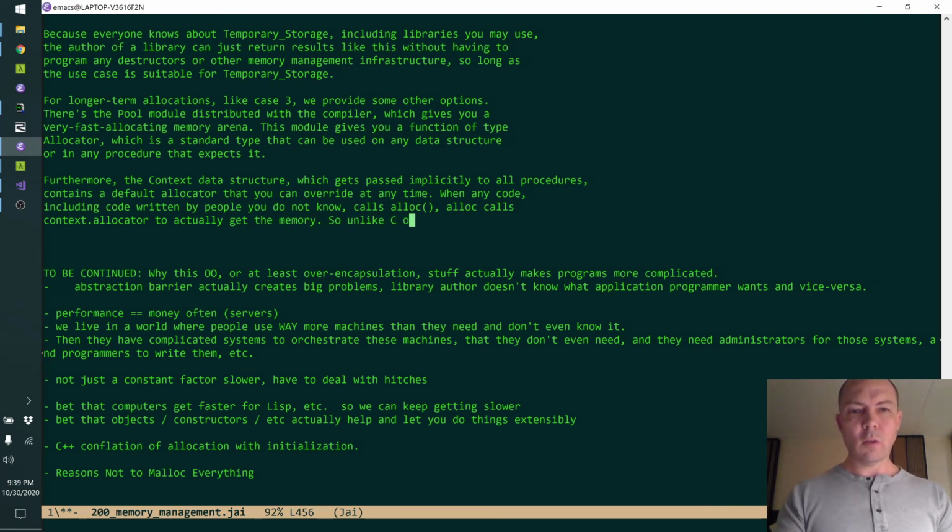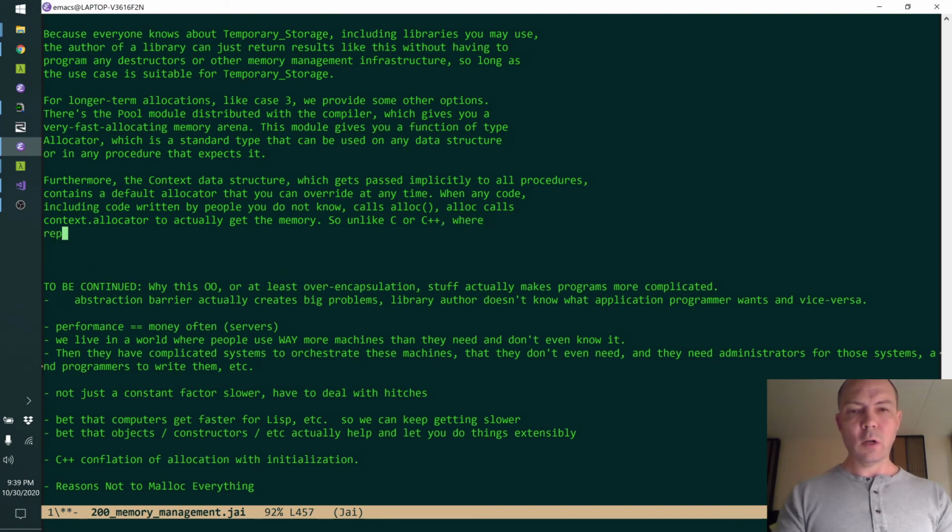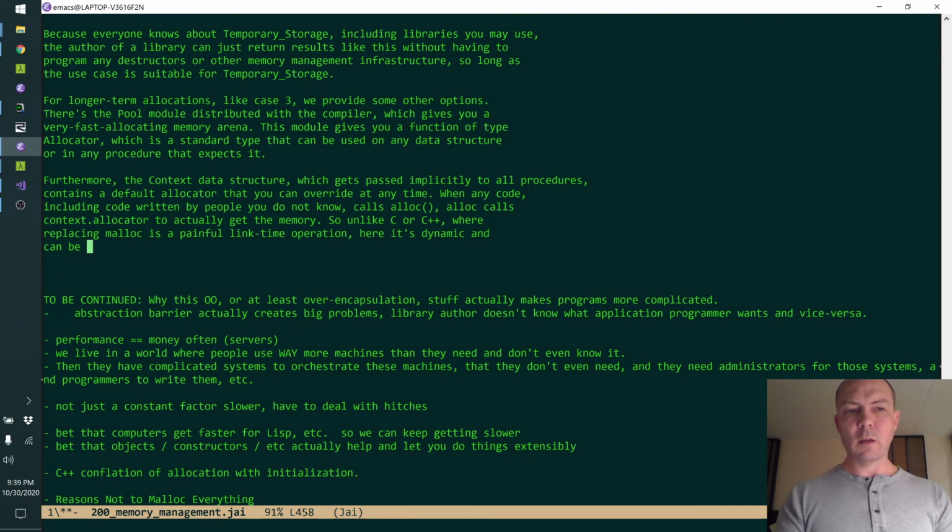So unlike C or C++, where replacing malloc is a painful link time operation, here it's dynamic and can be done cheaply at runtime as often as you want.